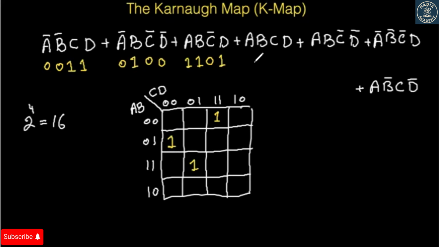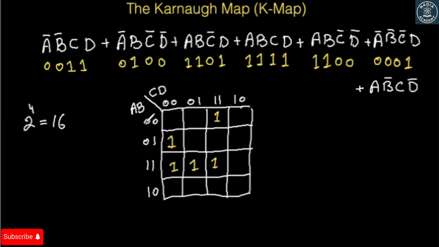Then the fourth term is A 1, B 1, C 1, D 1. So 1, 1, 1, 1. So our one value goes over here. Next term is A 1, B 1, C 0, D 0. So 1, 1, 0, 0. So 1 will go over here. Next term, A bar 0, B bar 0, C bar 0, D is 1.